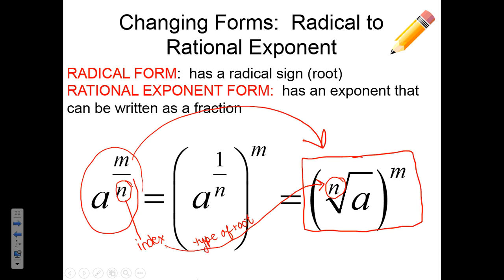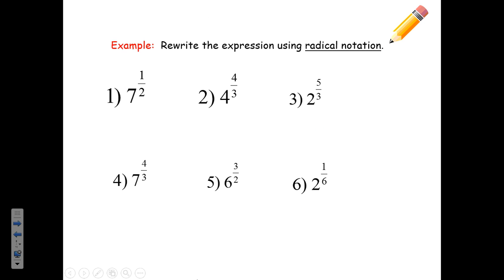Okay, so I want to be able to use this to go back and forth between radical and rational exponents. So let's do a couple of examples of each type. So first I'm going to start out with some rational exponents, and I want to put them in radical notation, which means I need to use the radical symbol when I'm rewriting these into radical notation.